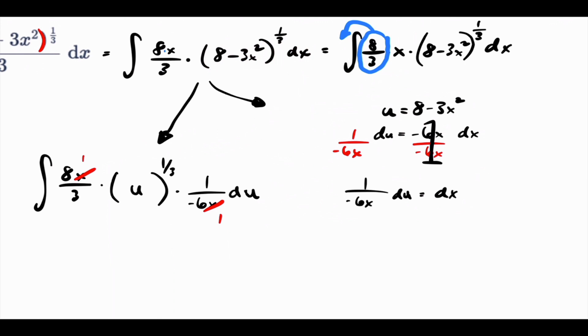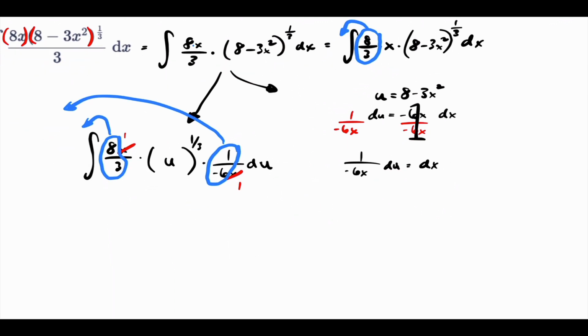So now I have 8/3, negative 1/6. I can move those to the front because those don't have variables anymore. So I have 8/3 times 1 over negative 6.